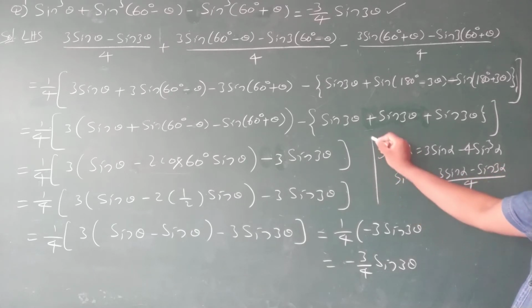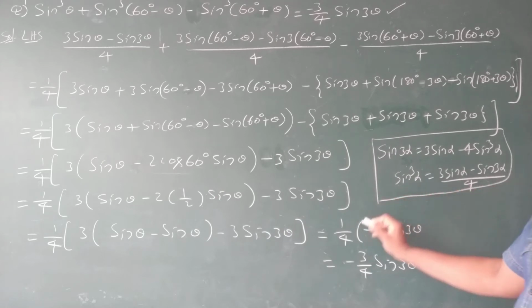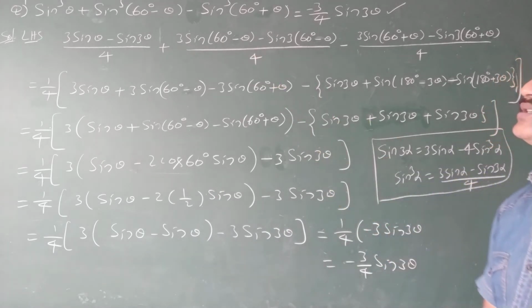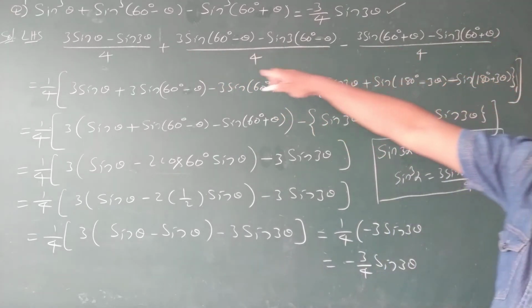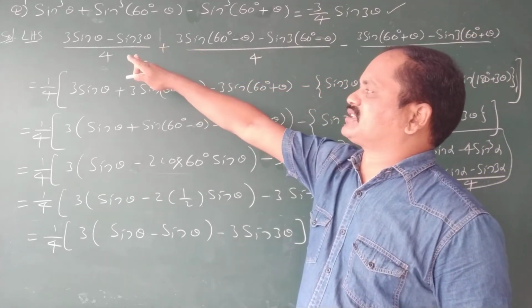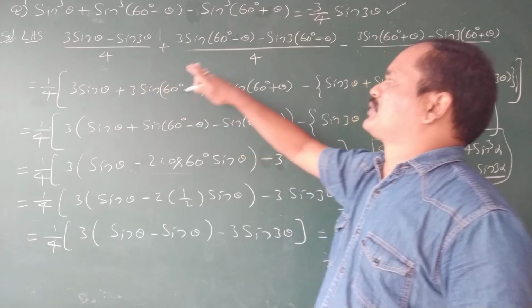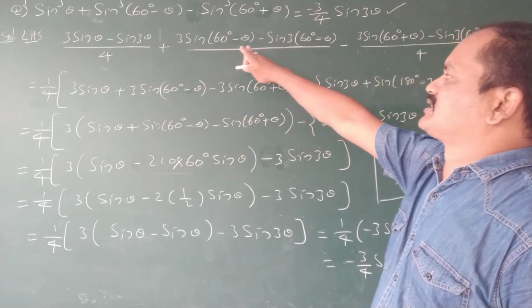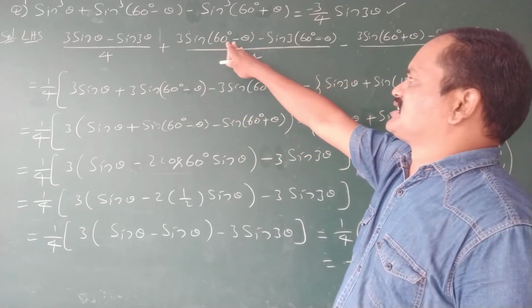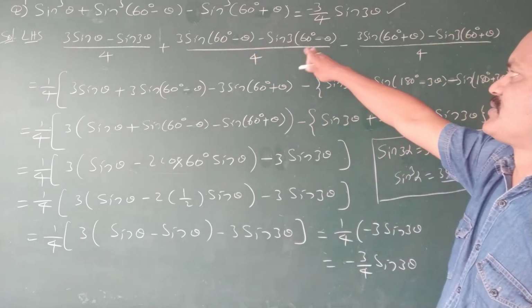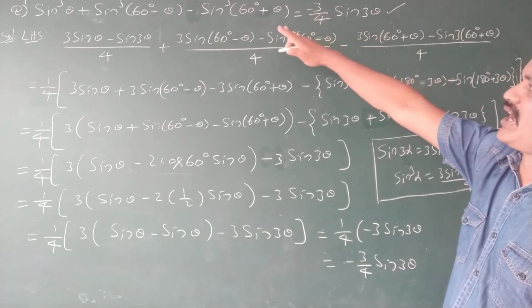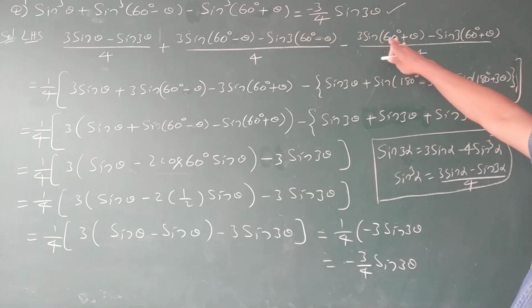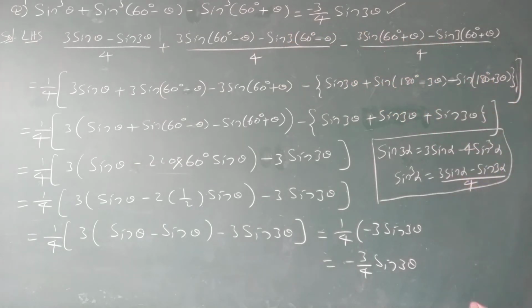By using this formula, we have to write each expression in terms of first degree terms. That's why sin cube theta is (3 sin theta minus sin 3 theta) by 4, and sin cube (60 minus theta) is (3 sin (60 minus theta) minus sin 3 times (60 minus theta)) by 4, and sin cube (60 plus theta) is (3 sin (60 plus theta) minus sin 3 times (60 plus theta)) by 4.